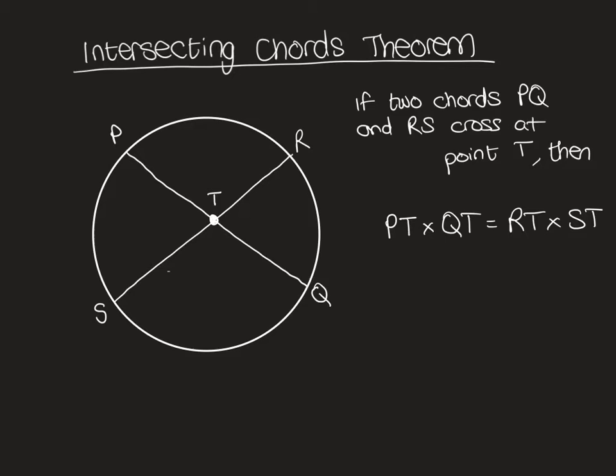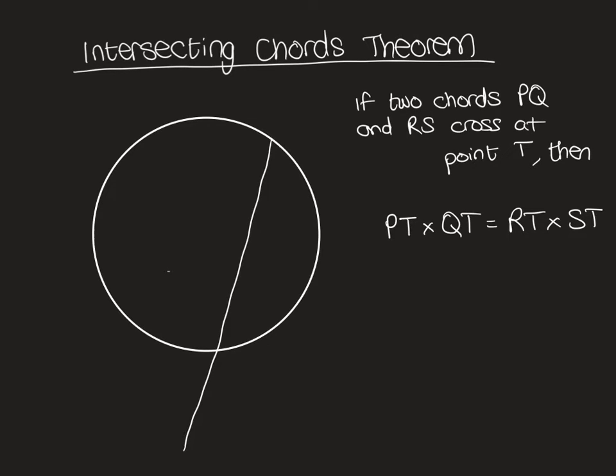Now what's particularly interesting about this one is that it is also true if this crossing point is outside the circle. So if I remove this and draw the theorem again, this time I draw two chords that go like that, and this is the chord P to Q, and this is the chord R to S, and this is where they meet at T, the same rule is true.